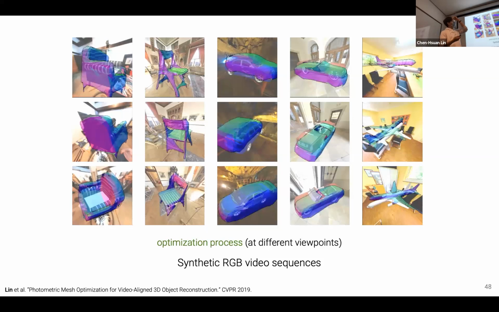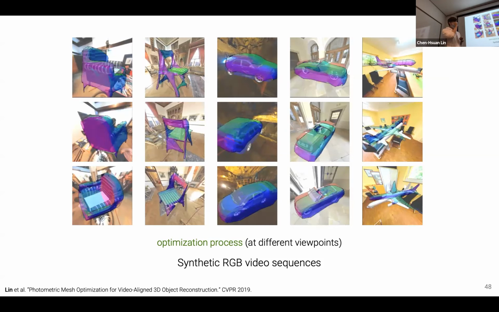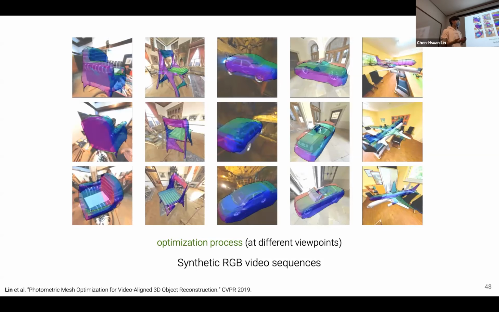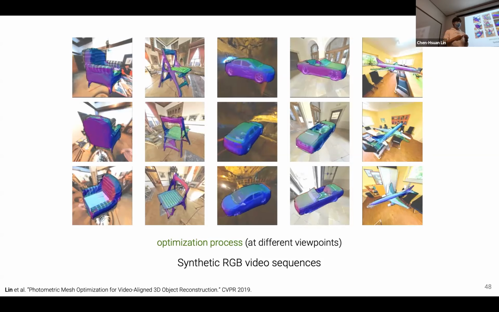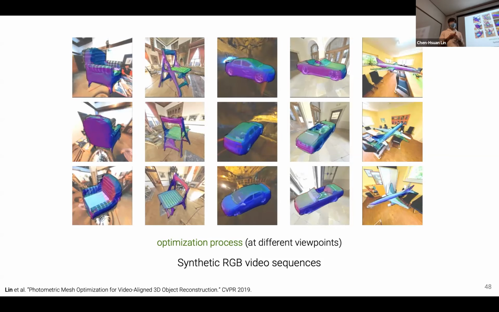If we initialize these 3D meshes as we've seen here, you can see the pose and the shapes are misaligned. But if we run this photometric optimization process, we can see that it gradually deforms and fits back to the video sequences without relying on any silhouette annotations, and it also doesn't need depth information to align. It's solely operating on photometric consistency here.